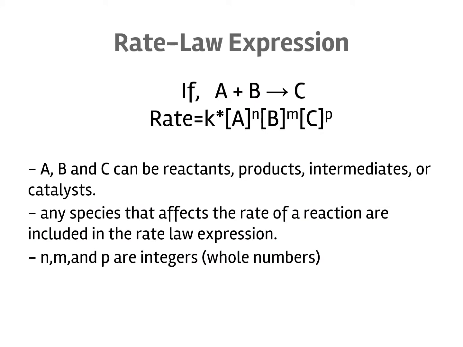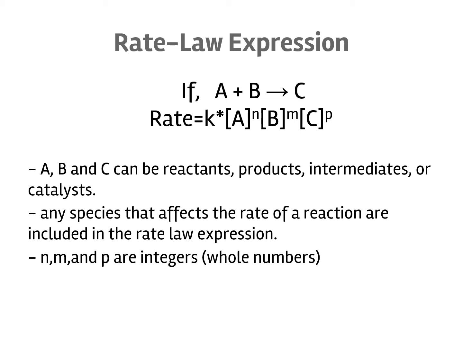So this is the way to express the rate law of any reaction, where if you have reactant A combining with reactant B to form product C, the rate expression for that reaction would be given by this equation here. Rate is equal to k, the rate constant for the reaction, and then the concentrations of your species, which could be the reactants, the products, intermediates, anything that affects the rate of a reaction, is included in the rate law expression.